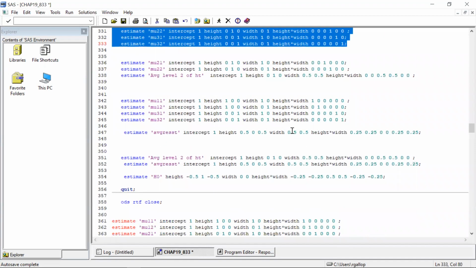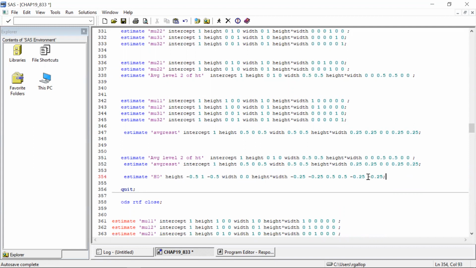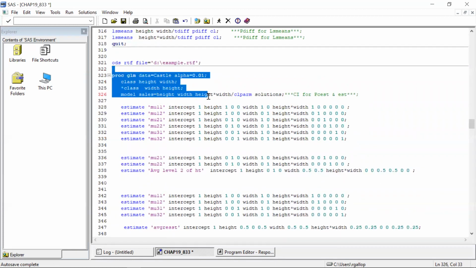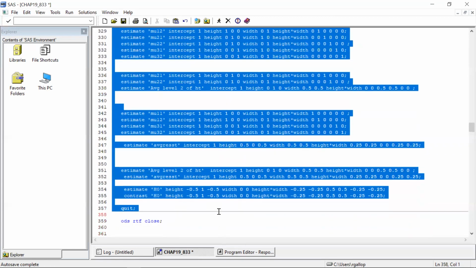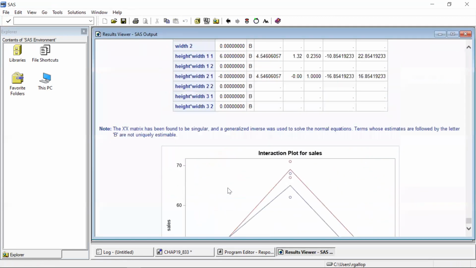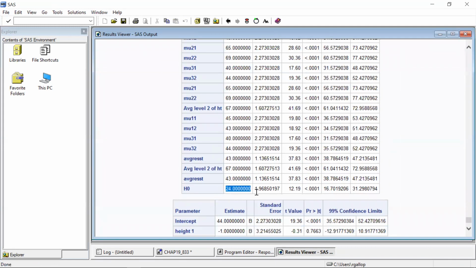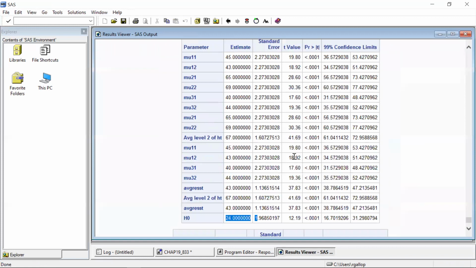And remember, when it's an estimate statement, it can also be written as a contrast. The big thing for us, when we run this out, is that the contrast does the respective test that we want, but doesn't give us any kind of estimated difference, which we see right there. So again, remember the t is the estimate divided by the standard error.